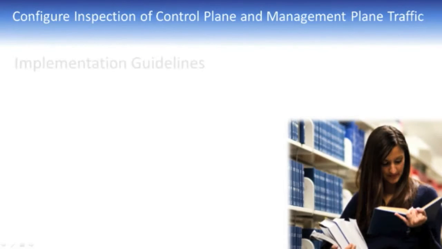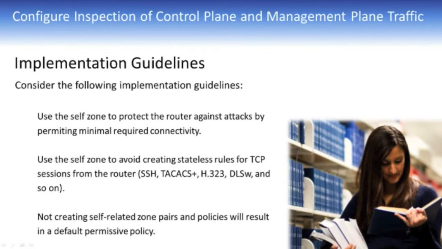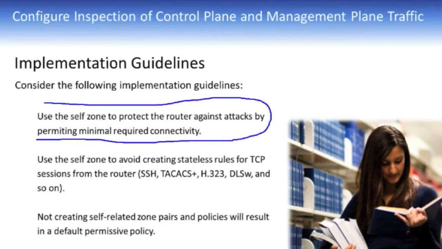Some more guidelines for you when it comes to engaging with this self zone. Obviously you want to reverse the logic that Cisco has given us. You want to make sure that it's a restrictive structure instead of a permissive one. You want to reverse that logic, make it restrictive, and punch holes into it for those things that you actually need.